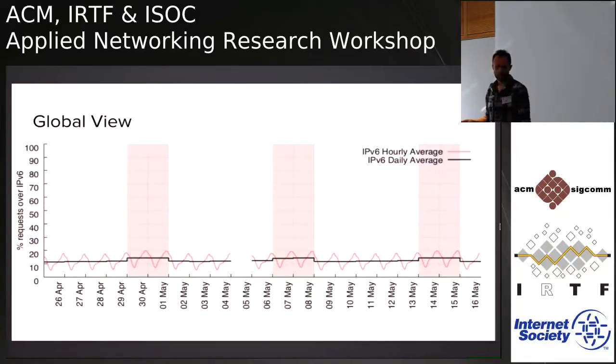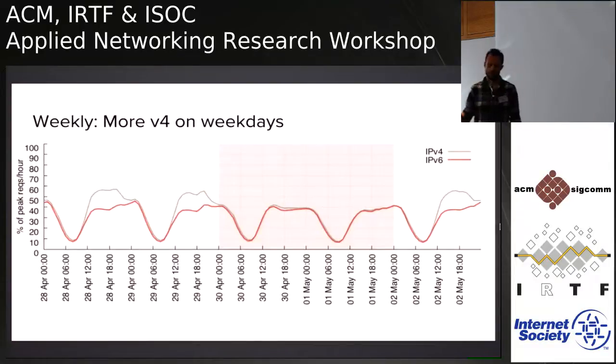So one of the things driving that largely is what the fixed line ISPs are doing in the US. I have better graphs in the paper, but if I aggregate a bunch of those ISPs together, one of the bigger drivers is that during weekdays, office hours, we see a bump of about an additional 25% IPv4 from those networks in particular, versus the IPv6 level, which is actually fairly constant, which might actually be things like these set-top boxes, etc. But we get a lot of v6 traffic through the week from these ISPs, and it's all fairly constant.